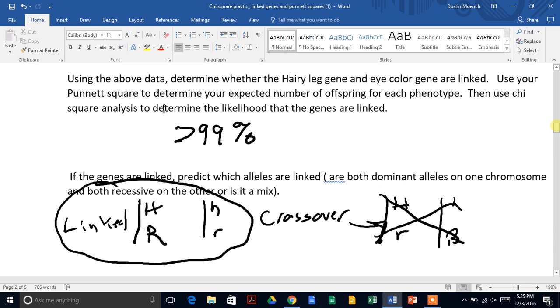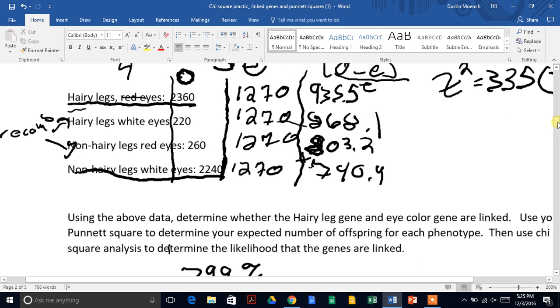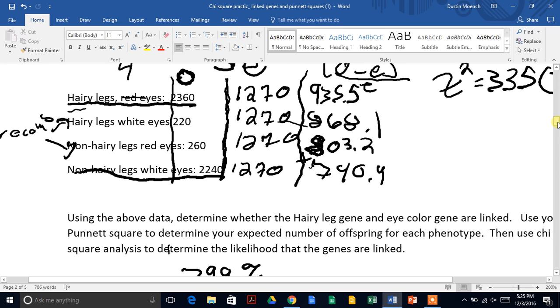If the genes are linked, predict which alleles are linked. Which alleles are linked? Well, they're going to be the alleles responsible for the non-recombinant phenotypes, the hairy legs and red eyes, and the non-hairy legs and white eyes. So, hairy legs is dominant H, red eyes is dominant R. They're on the same chromosome. Non-hairy legs, recessive h, and white eyes, recessive r, are on the same chromosome.